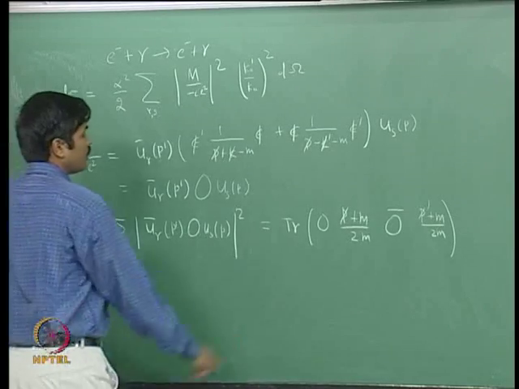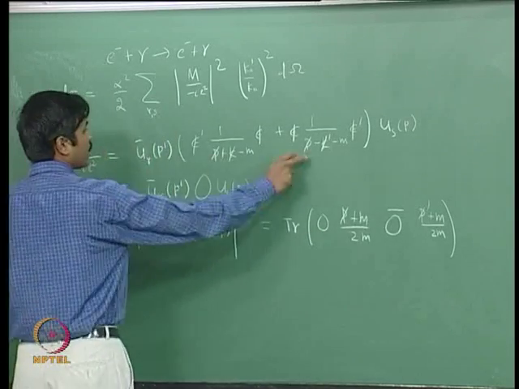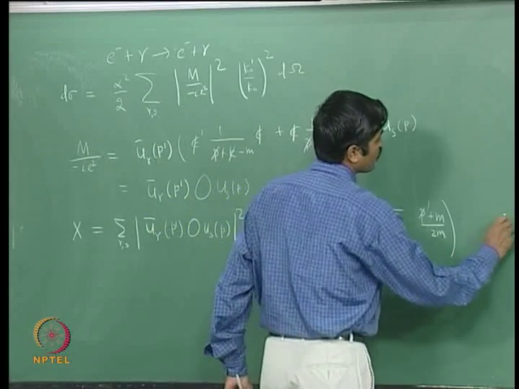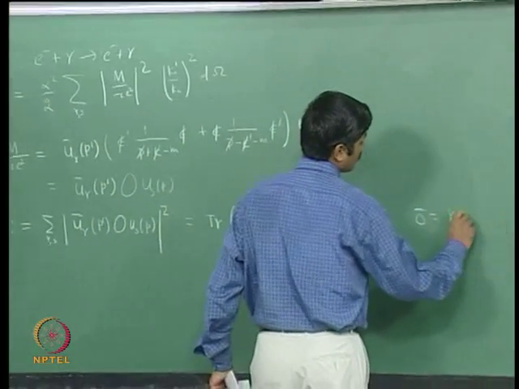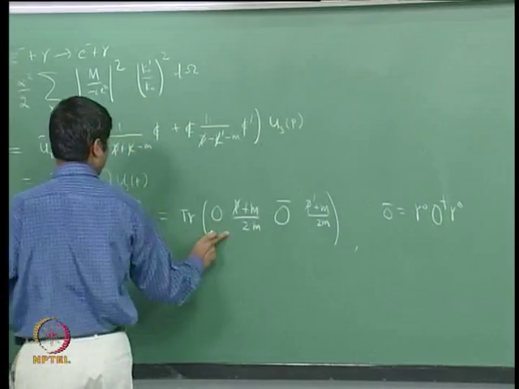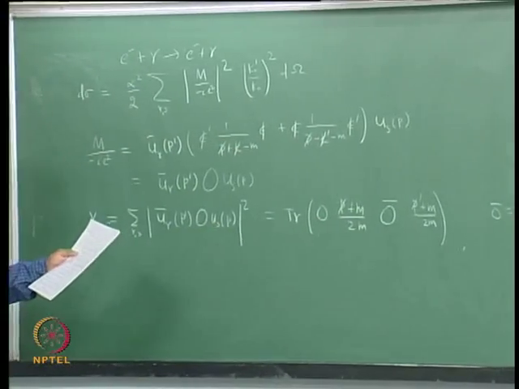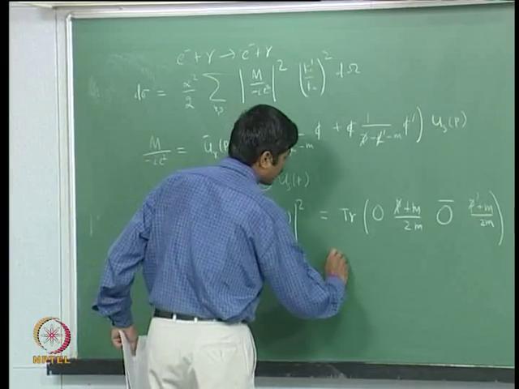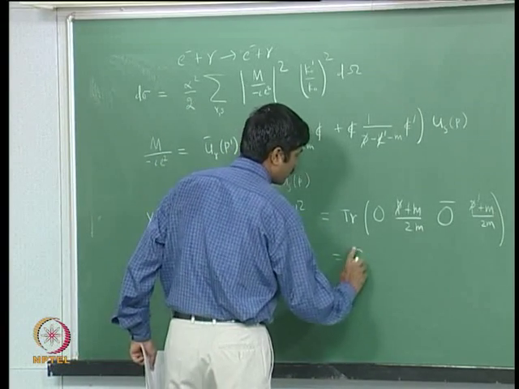So, when I substitute this for O, and our O bar is γ0 O† γ0, what we get is a sum of 4 terms.